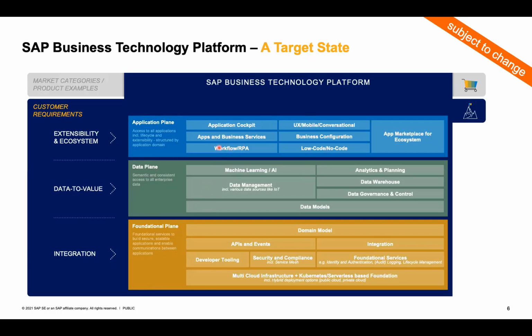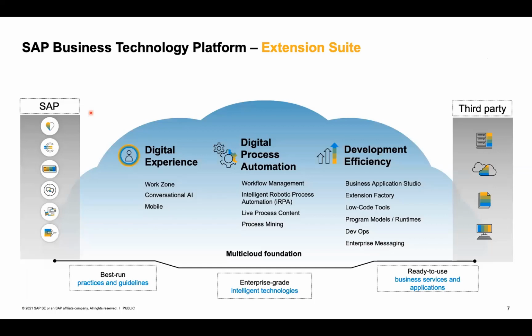And here we see workflow, RPA, robotic process automation, as one part of it. So that's where we are here. But everything that is done here makes use of technologies and services which reside in the other layers here.